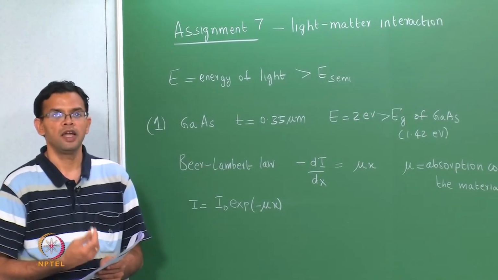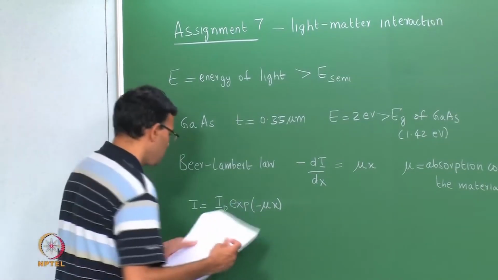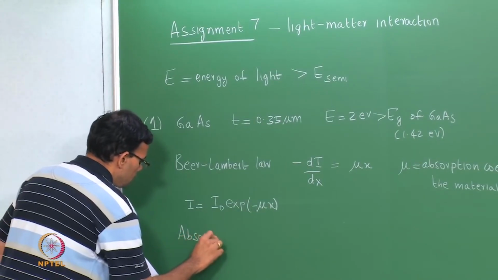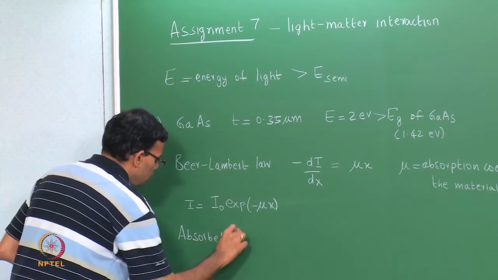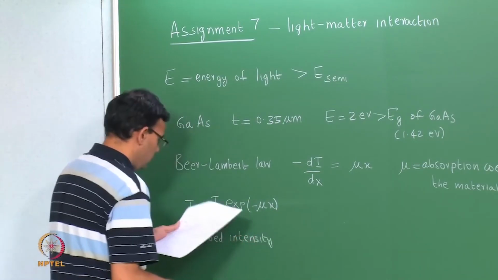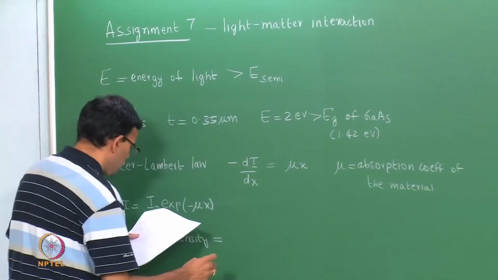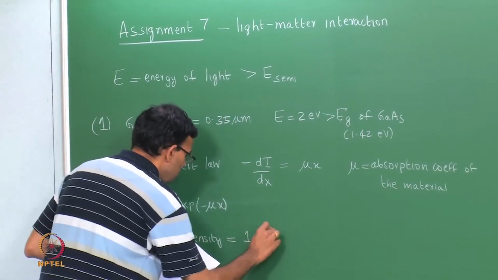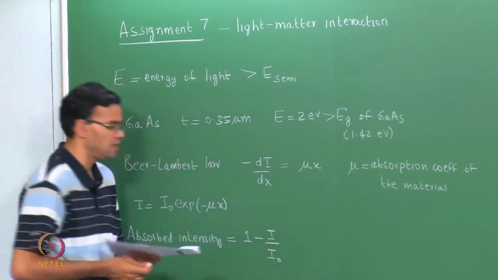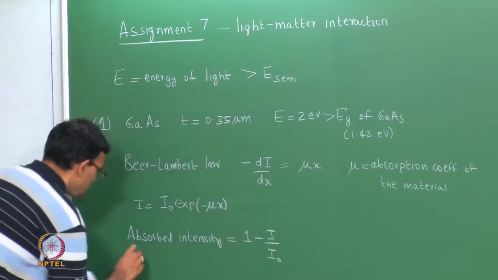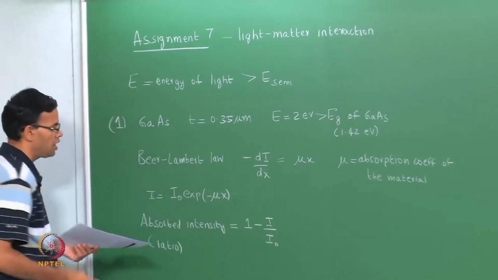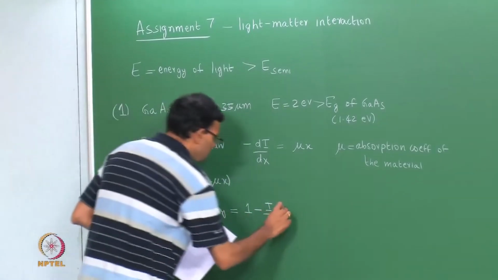So, if you want to find the absorbed intensity, and if you want to find it as a ratio, it is nothing but 1 minus I over I naught. So, this is essentially a ratio which we can convert to a percentage.